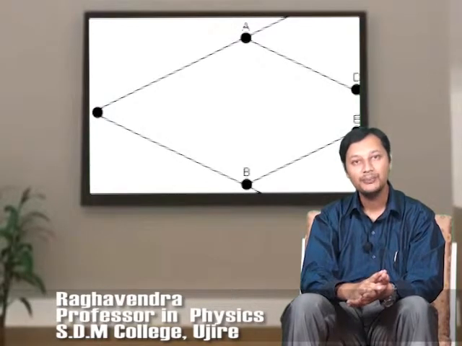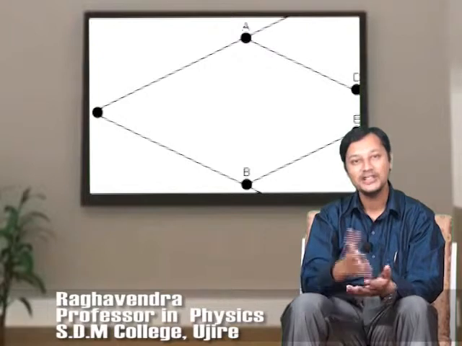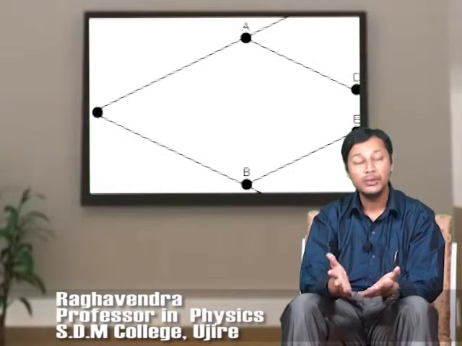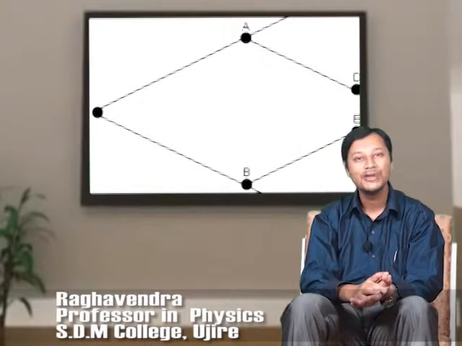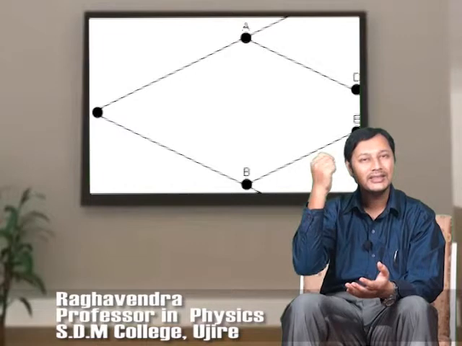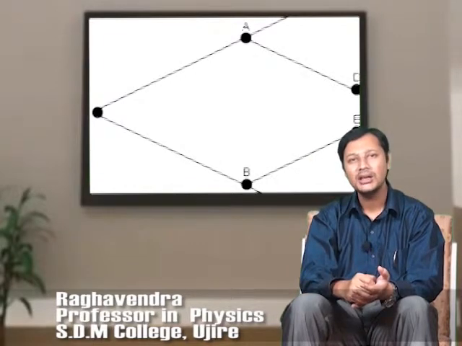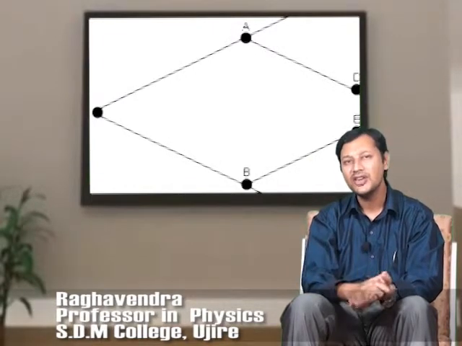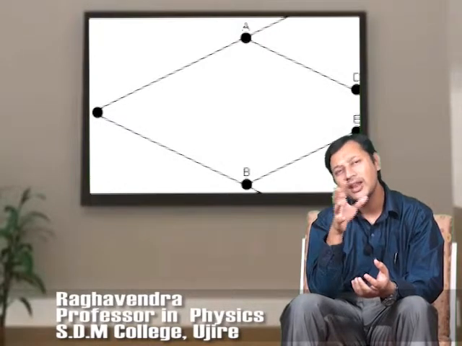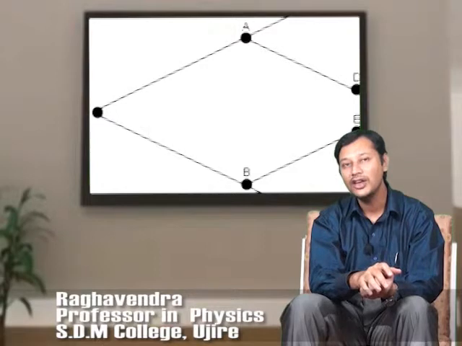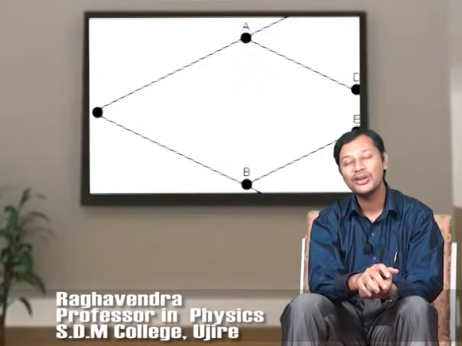He can't see me, and my voice is a wave, a sound wave. So he would rather say, you are everywhere in this room, because my voice is heard everywhere in this room. He is not able to pinpoint my location because he is trying to understand it from my voice, which is a wave. In the same way, because a particle in quantum mechanics has a wave-like nature and behaves like a wave, we are not able to pinpoint its location.